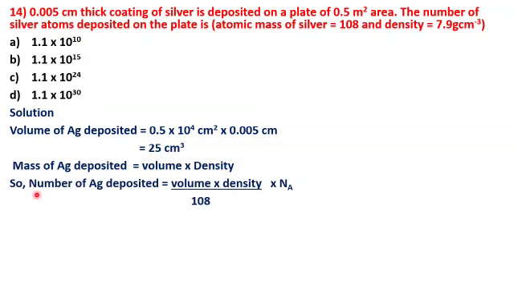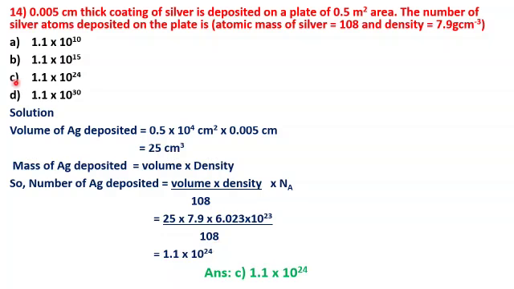So number of Ag atoms deposited is equal to volume into density divided by 108, that is atomic mass of silver, into Avogadro number, that is Na. So 25 into 7.9 into 6.023 into 10 raised to 23 divided by 108. So answer is 1.1 into 10 raised to 24. Hence correct option is option C.